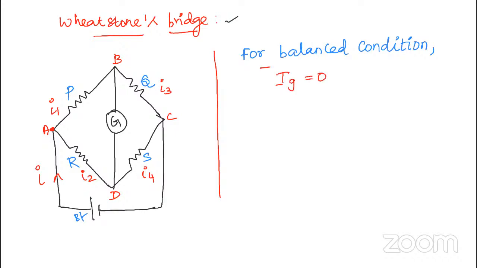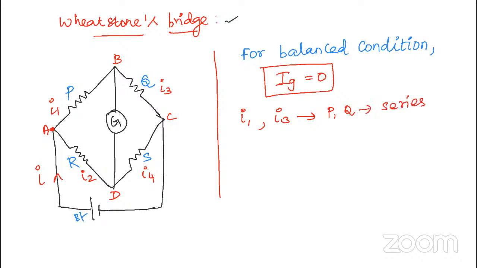So in the balanced condition there is no current flowing through the galvanometer. Here I1 and I3 pass through the resistances P and Q, connected in series.